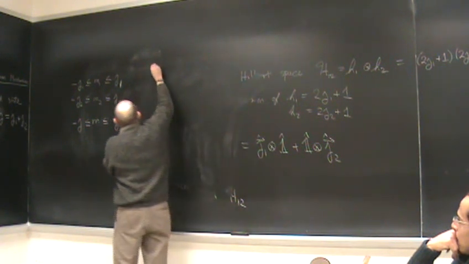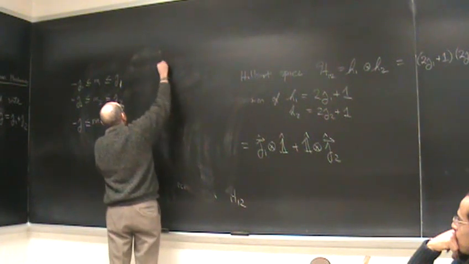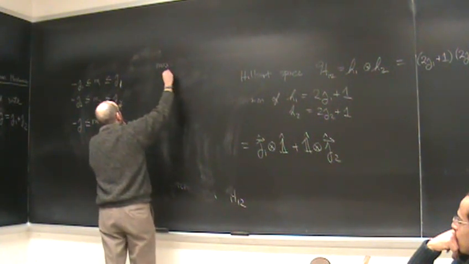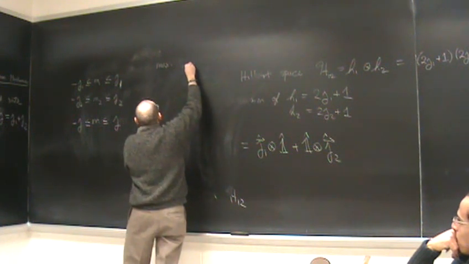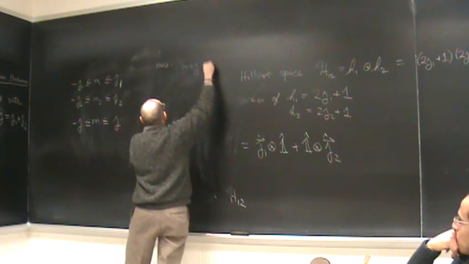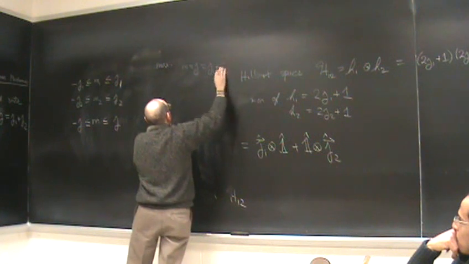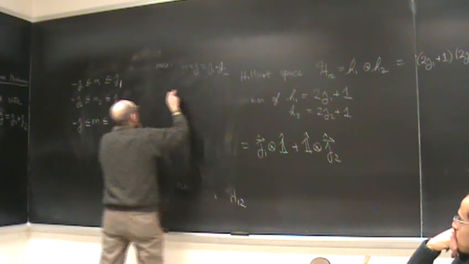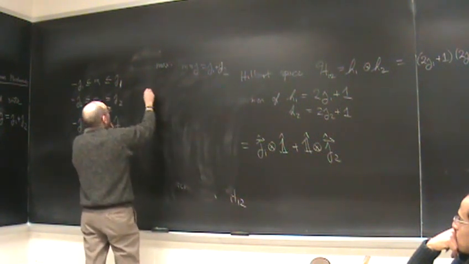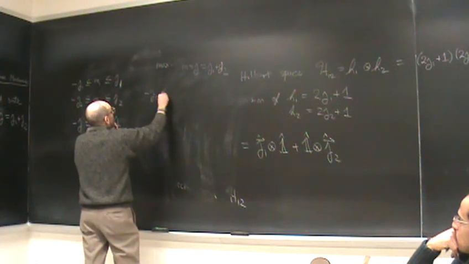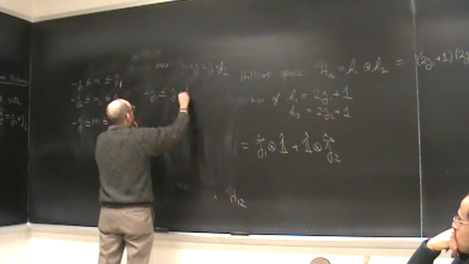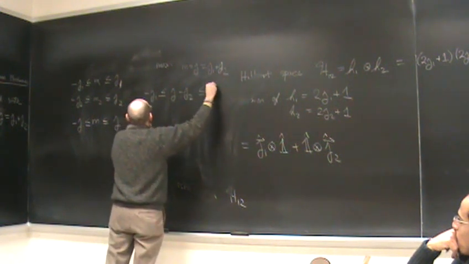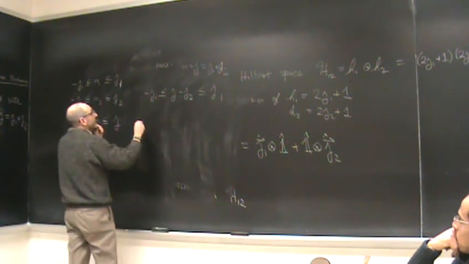Right. If we have the maximum value, then M is J is J1 plus J2. So that tells me from this that minus J1, J minus J2 is between those two guys.